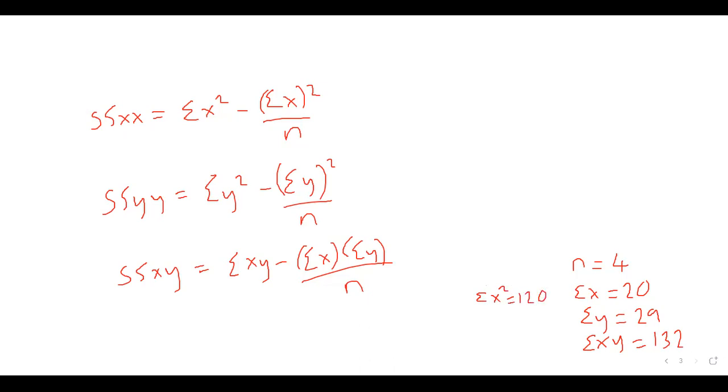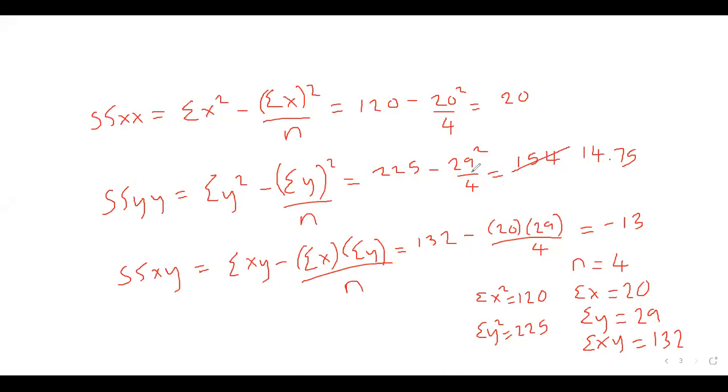And summation of y squared was 225. So I want you now to substitute this into these formulas. When you do the calculations, these are the figures you find as xx, yy, and xy. So remember to find our b, it is xy, which is negative 13, over xx, which is 20.